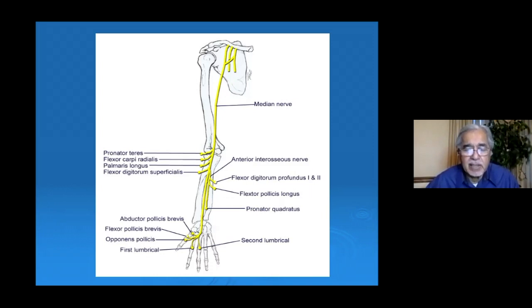And as the nerve goes below, the median nerve is supplying abductor pollicis brevis, flexor pollicis brevis, opponens pollicis, and first and second lumbricals. Just brief information about the muscle supply, and all of these things give us some information about which muscle gets damaged, and then we proceed in that direction and focus on that nerve as a cause of entrapment.